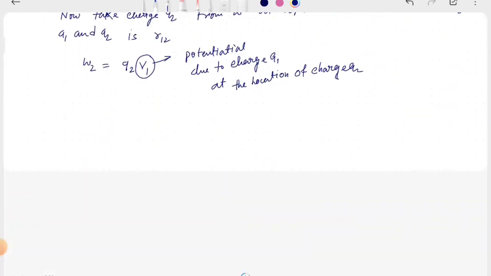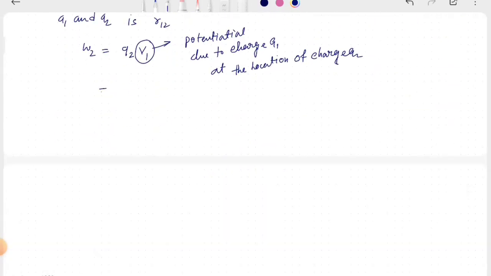So that is equal to Q2 times Q1 upon 4 pi epsilon naught R12. Okay, so this is equation number 1.